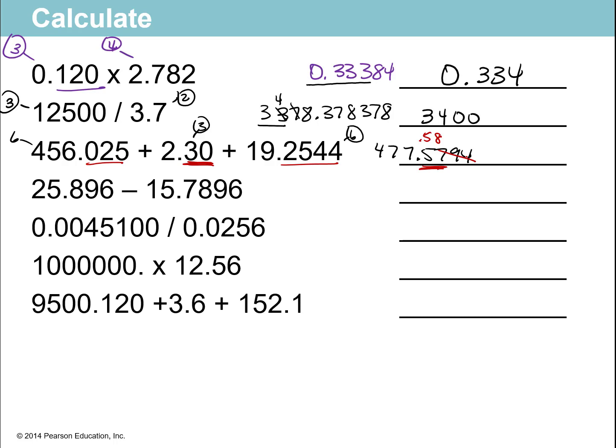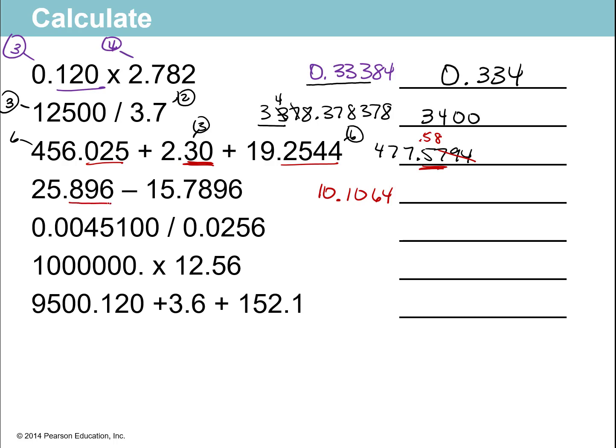Okay, so try the next one. 25.896 minus 15.7896. Like I said, do the math first. Always do the math first. And then worry about the rounding. So I got 10.1064. I'm going to round this to what?